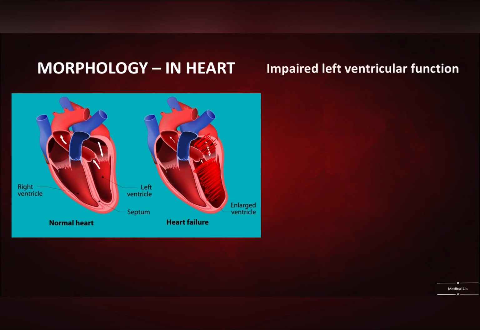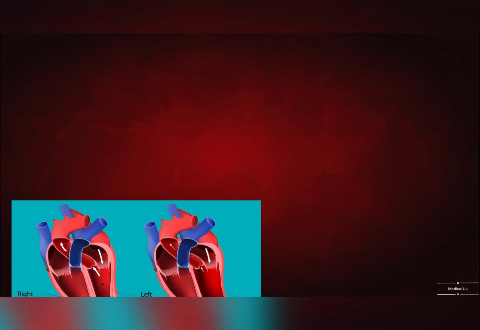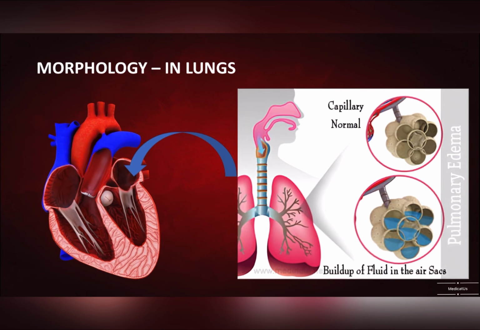That is, impaired left ventricular function causes secondary dilation of the left atrium, which increases the risk of atrial fibrillation. We know that the left atrium receives blood from the lungs. So if there is blood accumulation in the left atrium, it will lead to blood accumulation in the lungs as well, which will cause pulmonary congestion and edema that will produce heavy and boggy lungs, or say heavy and wet lungs.